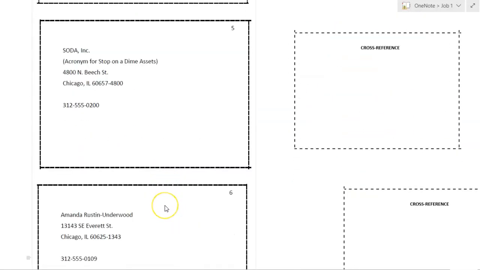For number 5, we have SODA Inc. This is an acronym for Stop on a Dime Assets. So in this case, I will need to code SODA Inc. SODA is my key unit, Inc. is unit 2. My cross-reference is going to be for Stop on a Dime Assets.